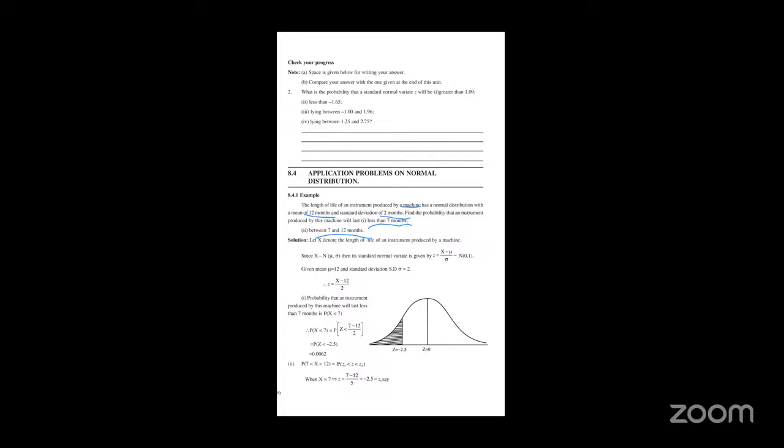Solution: if X denotes the length of the life of an instrument produced by a machine, X follows a normal distribution with mu and sigma, and Z is the standard normal variate. We know the formula: Z is equal to (X minus mu) by sigma.